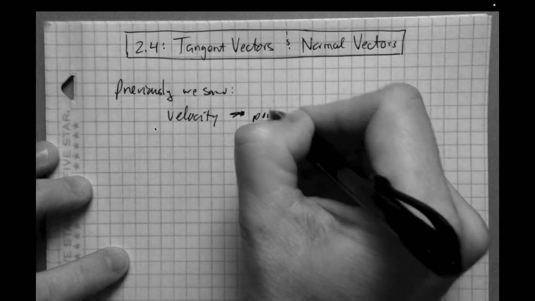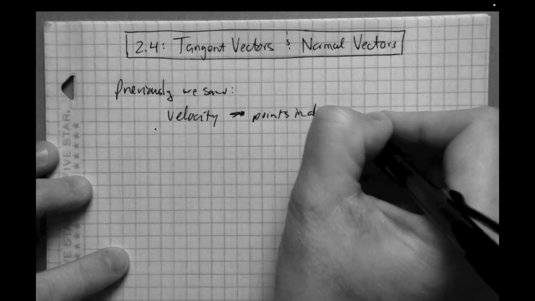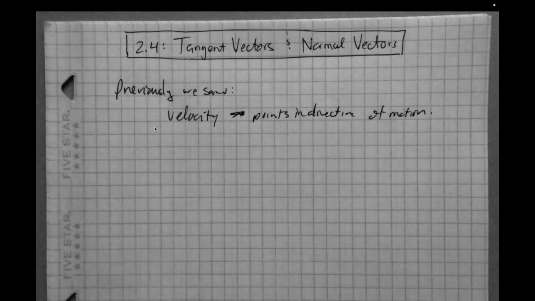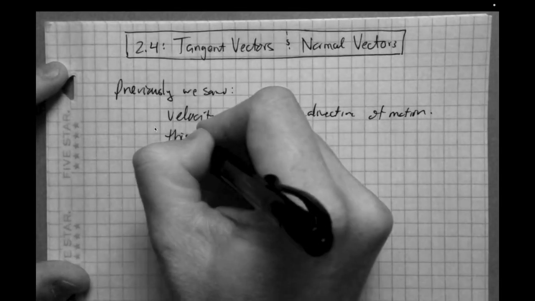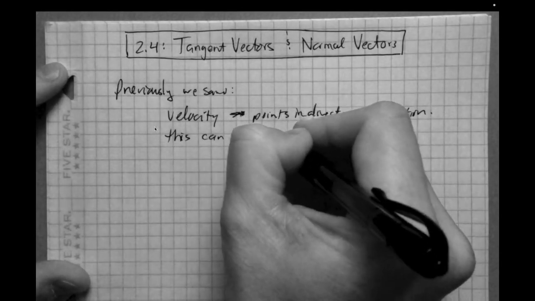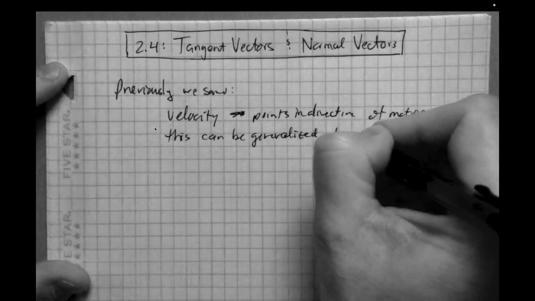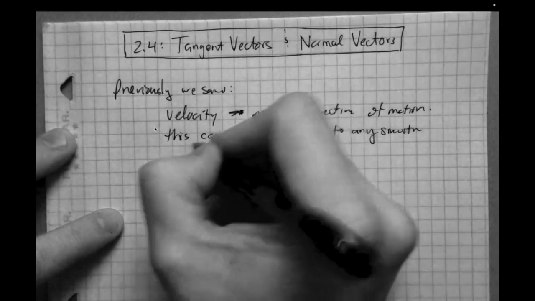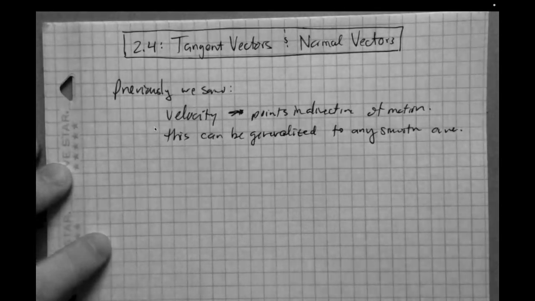That's an idea out of physics, specifically, but this idea can be generalized to basically any smooth curve, and not just a curve parameterized by time. And that's kind of what we mean by a tangent vector. So let's jump into that.